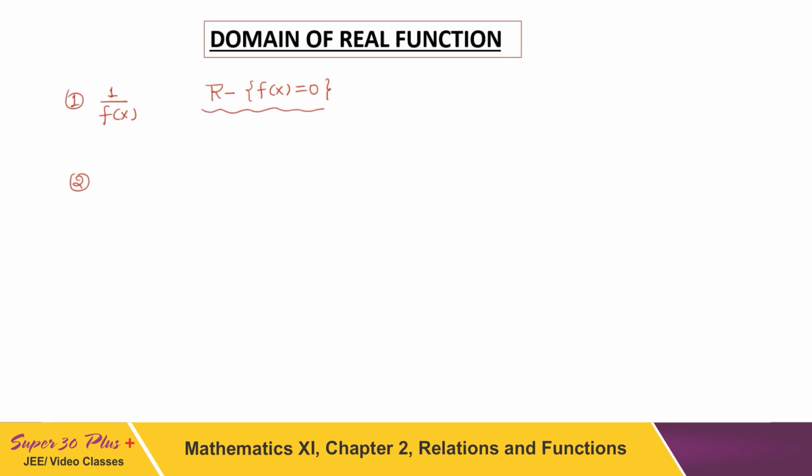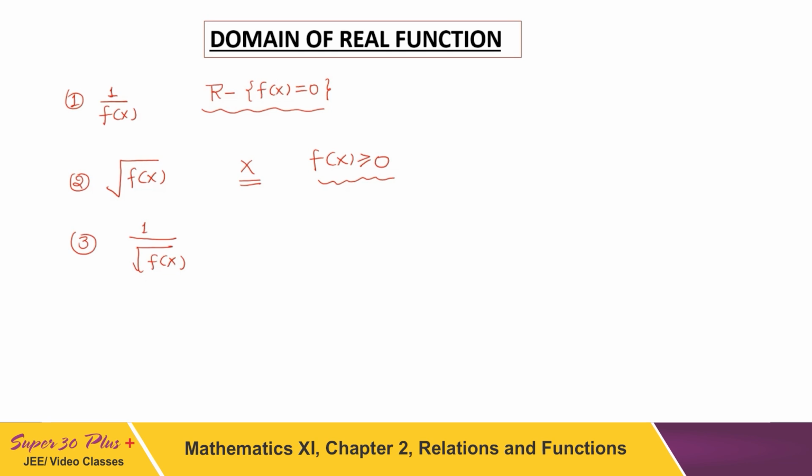Type 2: what is the domain of root f(x)? The domain is all x such that f(x) is greater than or equal to 0, means root f(x) is defined for all x where f(x) is greater than or equal to 0. Now case third: what is the domain of the function 1 upon root f(x)?